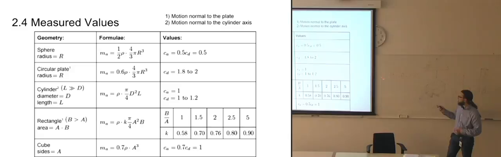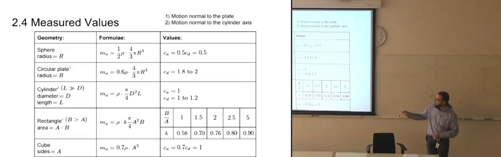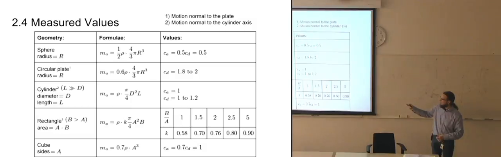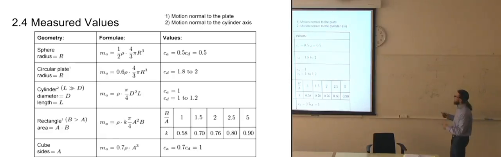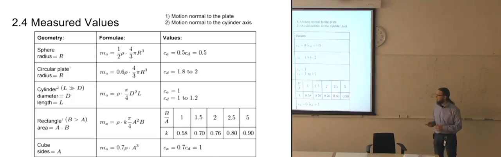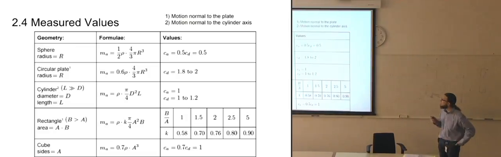But the main table is more or less the same layout in the DNV one, where you have basic shapes on this side, you have added mass, and then you have coefficients on the other side. So it's the same way of working inside the recommended practice. If I remember correctly, I haven't looked at it for a couple of years now, but it's a bit more complete inside the recommended practice.